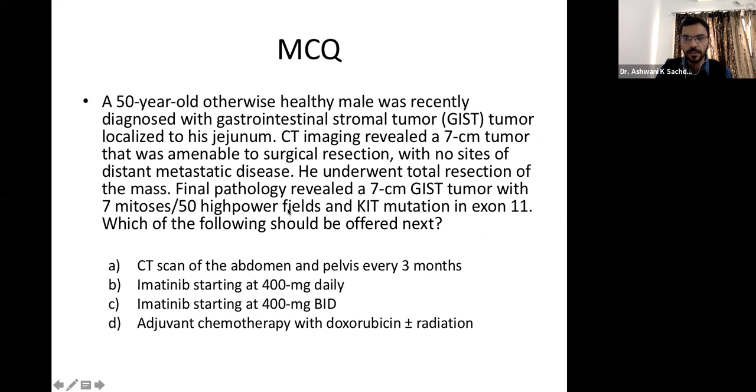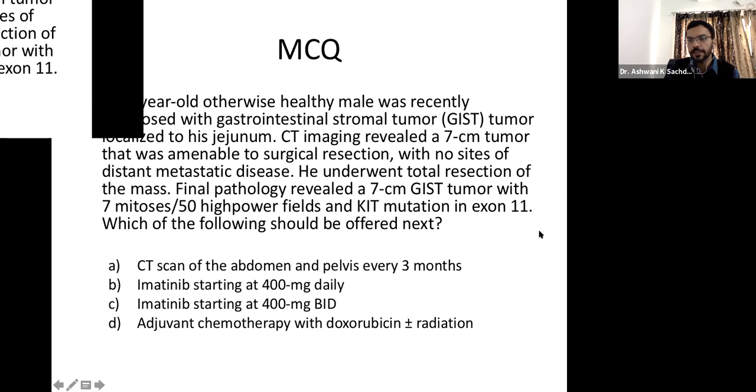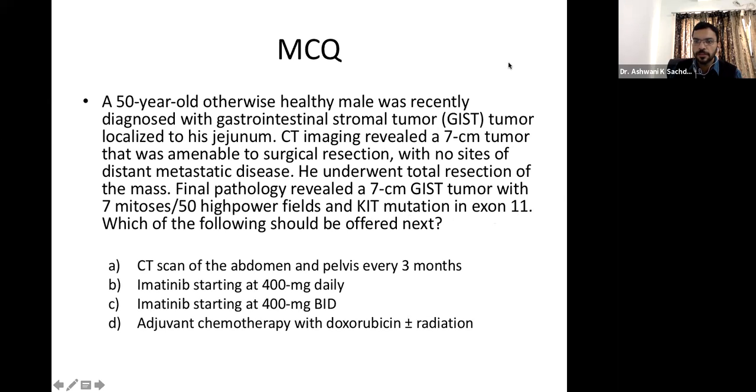All factors are high, with a metastatic rate of about 70 to 80%. The only good factor is the KIT mutation in exon 11, so it is sensitive to imatinib. Initial tumors which are sensitive to imatinib should be started with a 400 milligram daily dose. So the answer is B in this case.